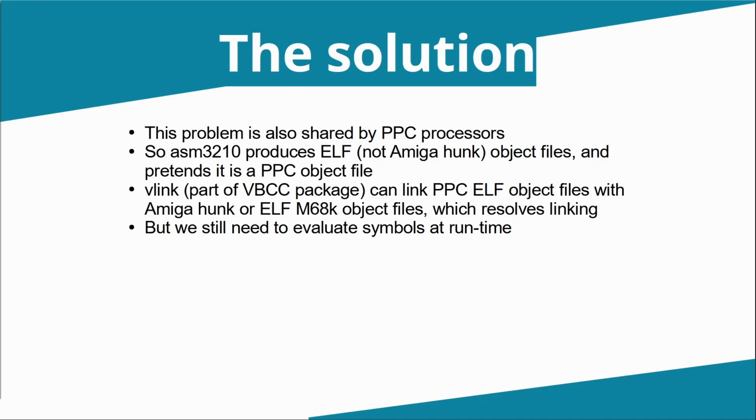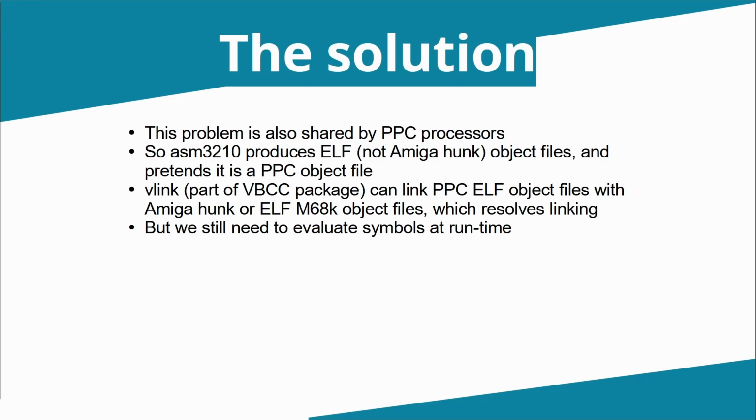So what the assembler, ASM3210, does is produce an ELF object file, not an Amiga hunk object file. And ELF object files can accommodate the PPC style of symbols. So all ASM3210 does is pretend that it's producing a PowerPC object file with the particular type of relocation that we need.